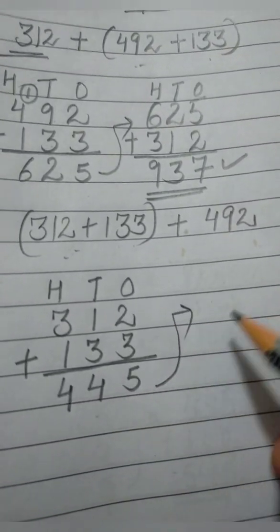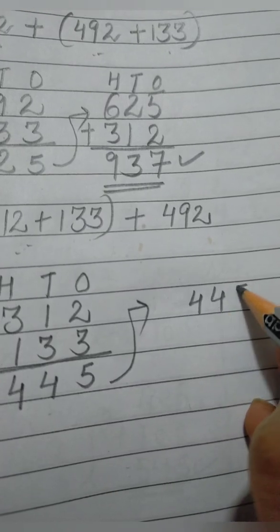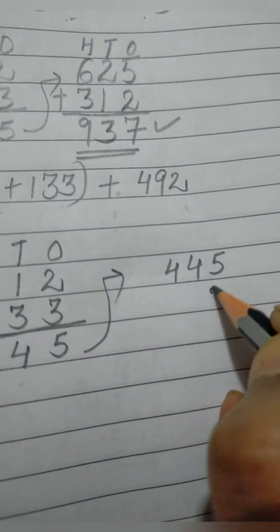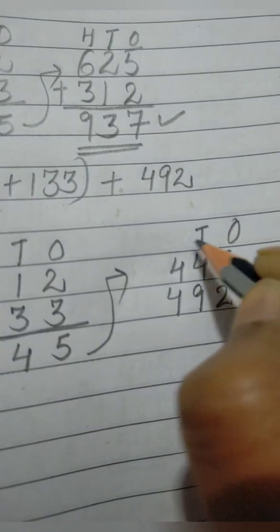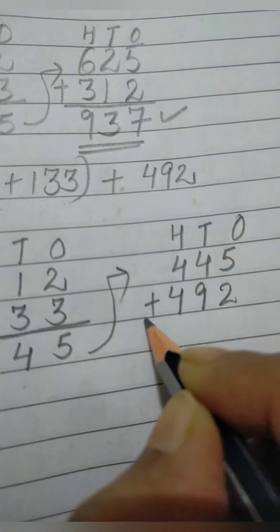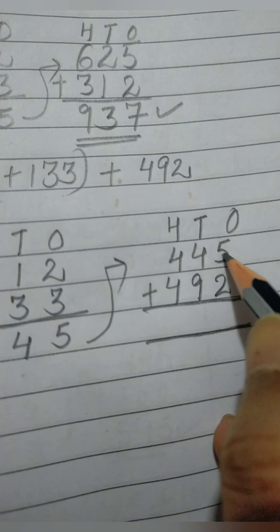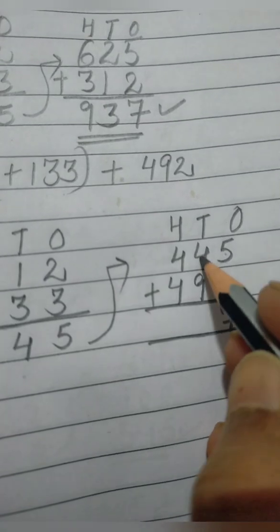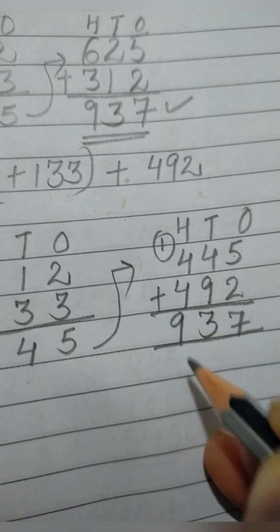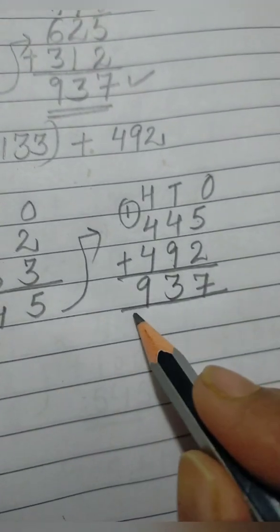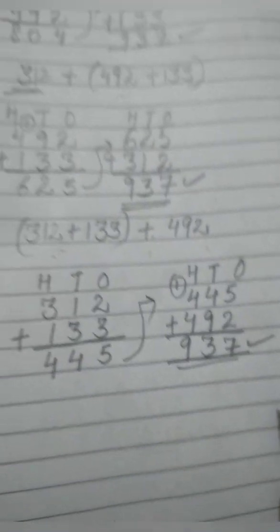Yes, now we have to add 492. 5 and 2, 7, 4 and 9, 13, 1 carry, and here it is 9. And the third time we are getting 937.